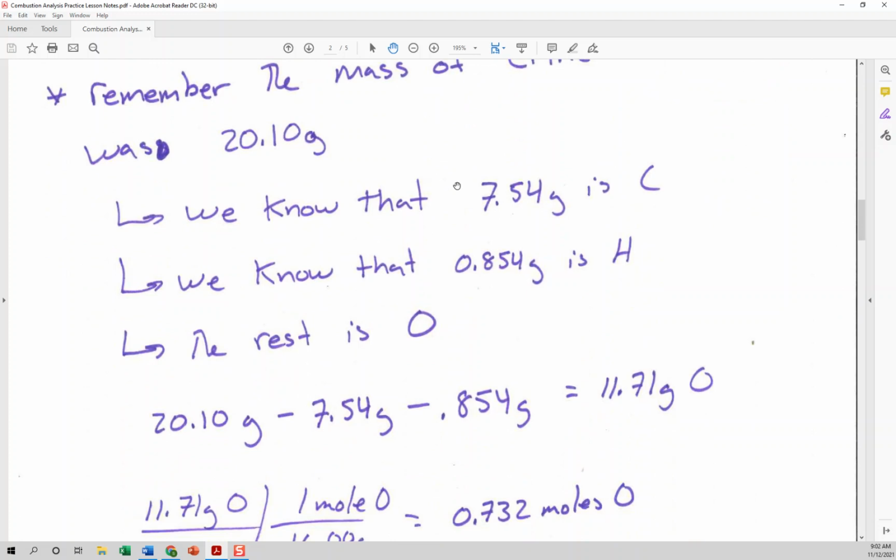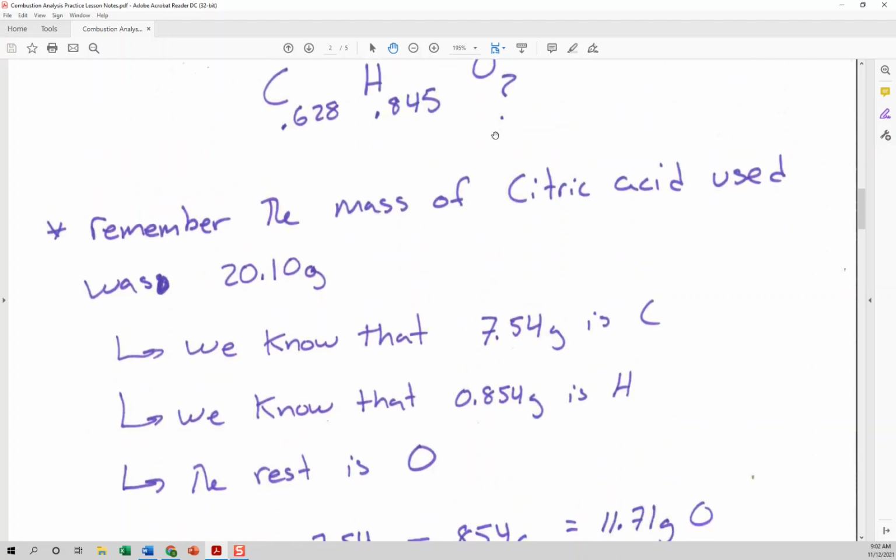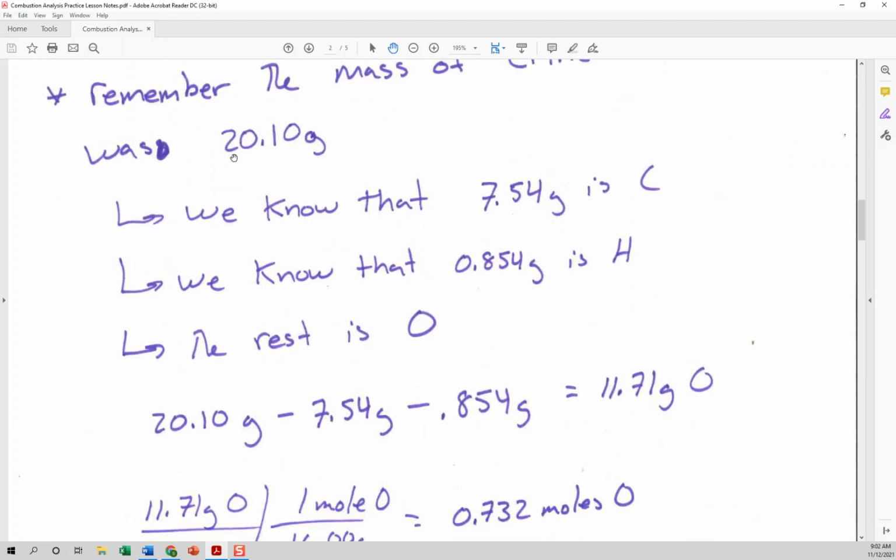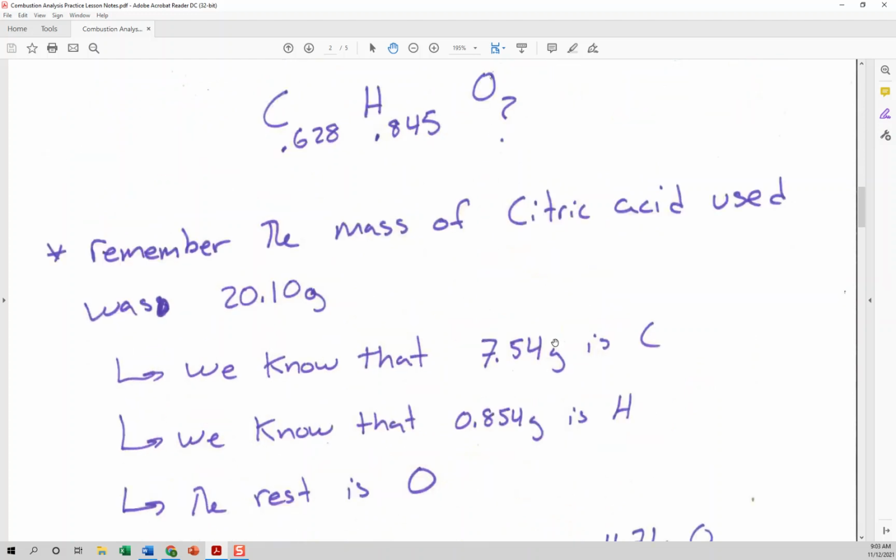So again, now our goal is to figure out the subscript of O. The first thing we're going to do is figure out what mass of that citric acid was just O. So we do the total mass of citric acid minus the mass of the carbon that we found, minus the mass of hydrogen that we found, and that gives us the grams of oxygen. But be careful here. That's the grams of O, but remember, subscript is moles, not grams.